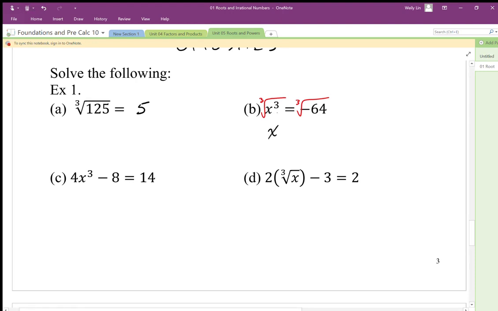So cube and cube root undo each other, so I'm just left with x. And when I cube root negative 64, I end up with negative 4. So negative 4 times negative 4 times negative 4 is negative 64. And again, I can test this with multiplication, but cubes and multiplication are slightly different.